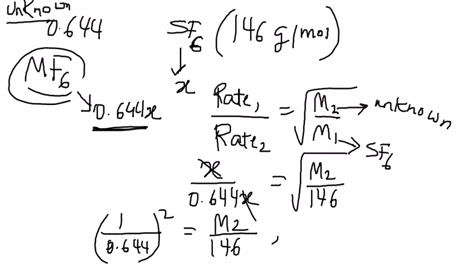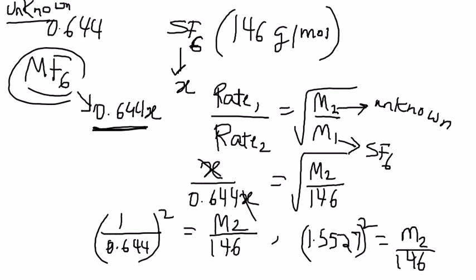What does that imply? Okay, so 1 divided by 0.644 will give you 1.5527, and you'll have to take the square of that, and that will be equal to M2 divided by 146.